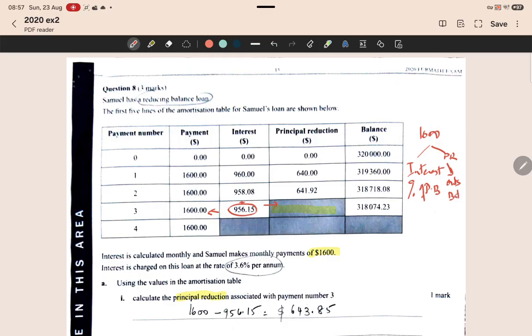So the interest plus your principal reduction is equal to your regular payments. So the first calculation would be 1,600, take away 956.15, and that should give you 643.85.